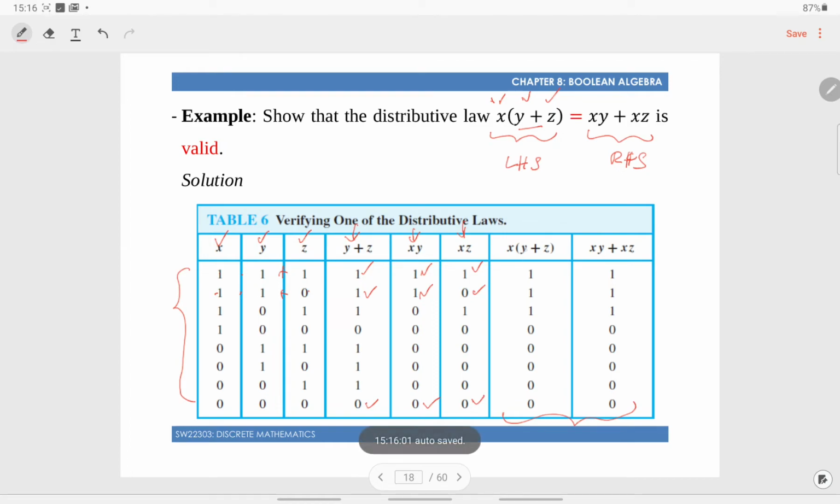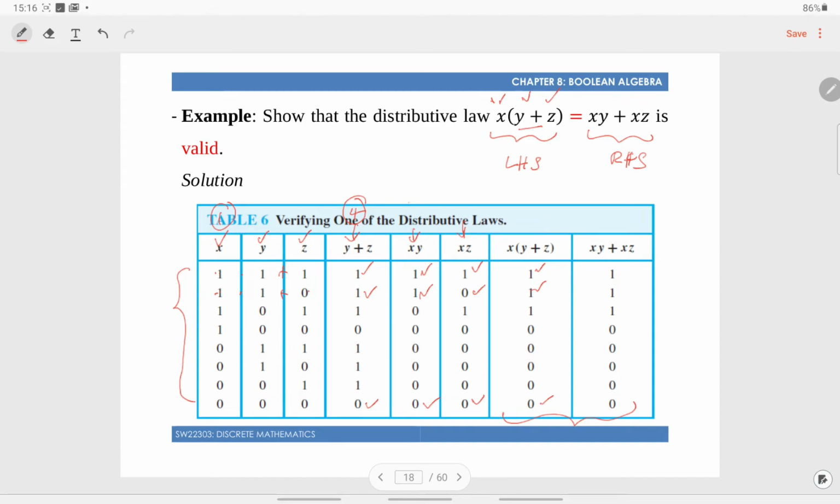We have to multiply using the Boolean product x times y plus z. That means we take column number 1 and multiply it with column number 4. 1 times 1 equal to 1, 1 times 1 again equal to 1, and so on until the last output. And then for the last column, we consider x times y plus x times z.